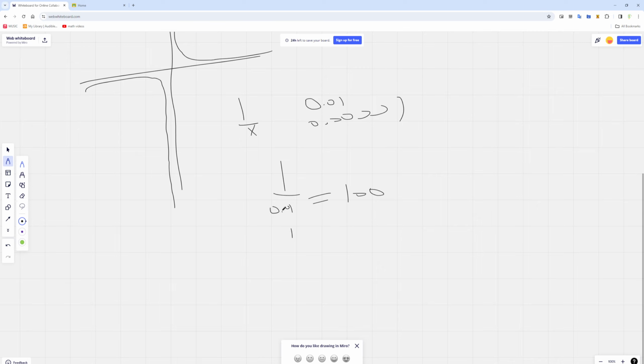And as we make this bottom smaller and smaller, closer and closer to 0, this whole thing, this output, becomes closer to infinity. But wait, what about if we take it from the other side, right? So we make it closer and closer to 0, but like this. So instead of going to 0.01, then 0.0001, we start at negative 0.1, and then negative 0.01, negative 0.0001, and notice that we will approach negative infinity.